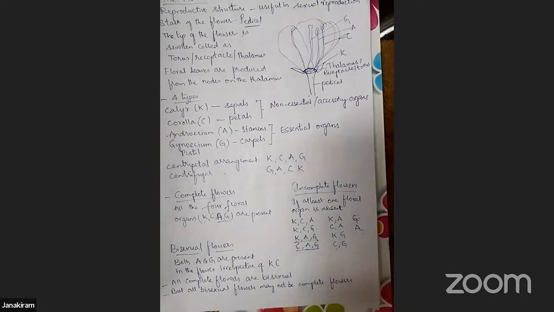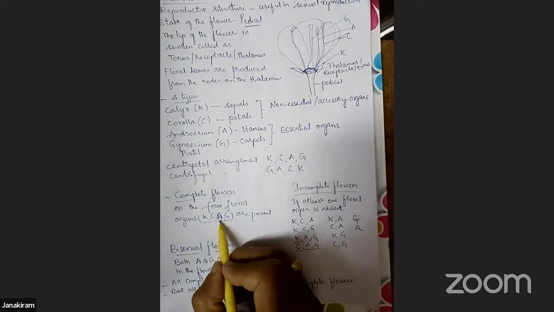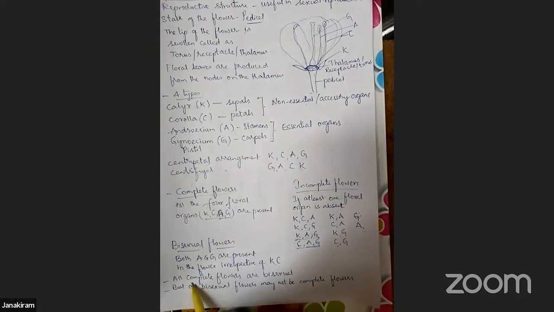Androecium and gynoecium are present, but calyx is absent. So these two are also bisexual flowers, but they are incomplete. Whereas if we take this combination, these flowers are complete flowers and at the same time bisexual flowers also. That's why all complete flowers are definitely bisexual, but all bisexual flowers may not be complete flowers.